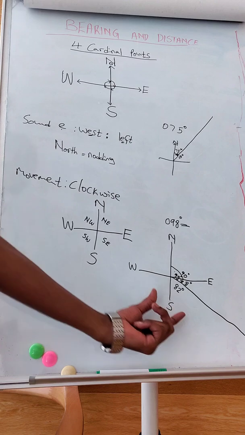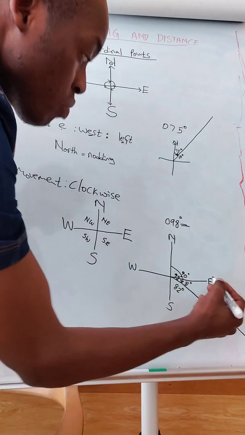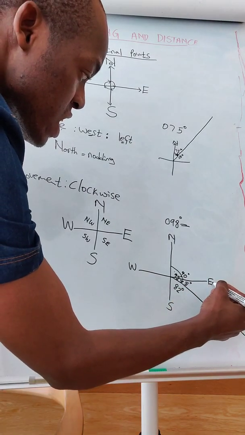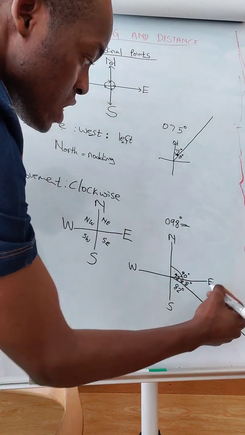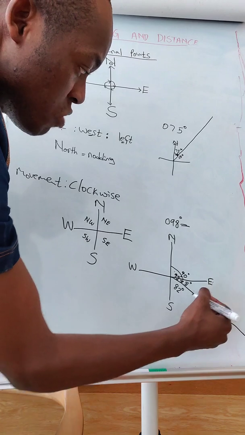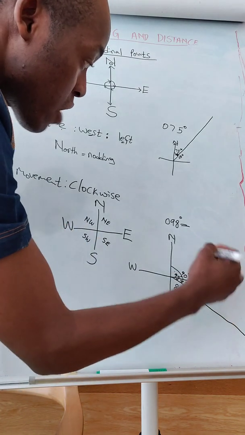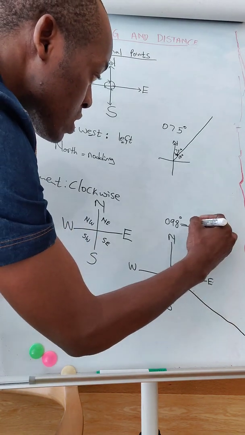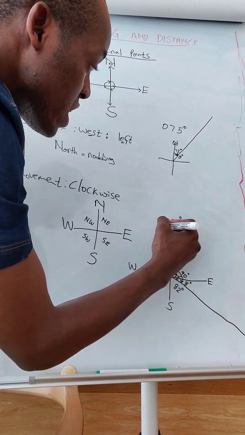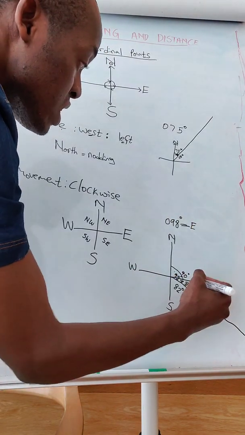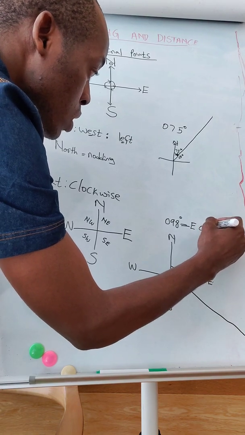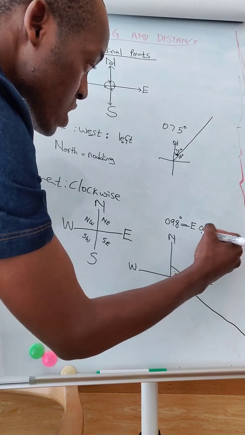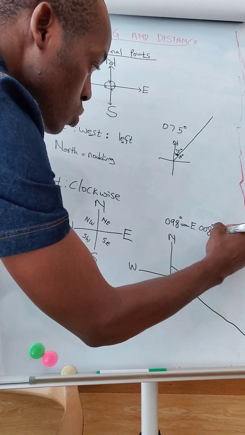Now, do you know we can now say that E8 south, E8 is moving towards which direction? It's moving towards direction south. That is, this 098 is still the same thing as E008 degree south.